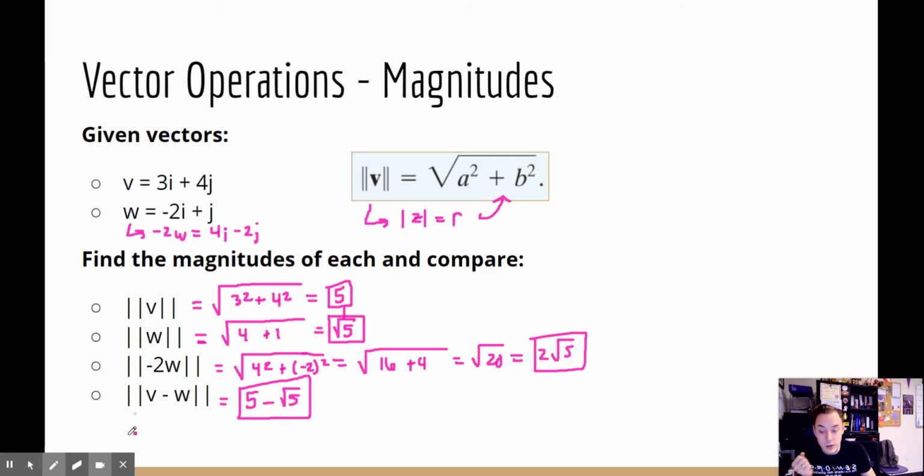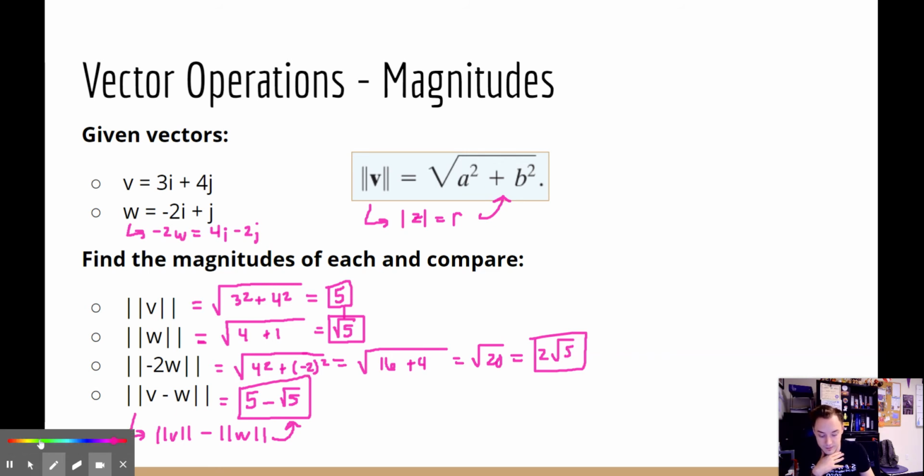So essentially what this could be rendered as is the magnitude of v minus the magnitude of w. And that equals this. So you can simplify that and rewrite it to be this, so that you can get your final answer, if that helps you. You don't need to subtract these two together to get this. You just don't need that to be the case.